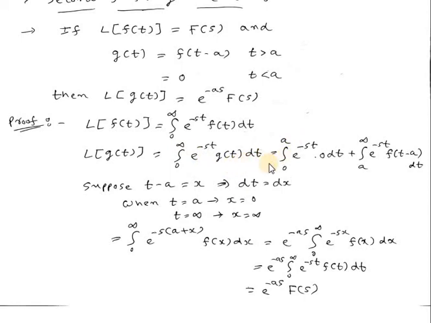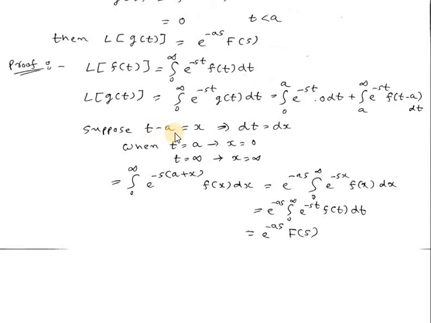This can be written as integration 0 to a e raised to minus st into 0 dt plus integration a to infinite e raised to minus st into f of t minus a dt. Here g of t is 0 for t less than a, therefore for this limit it is 0. And g of t is f of t minus a for t greater than a, therefore for a to infinite it will be f of t minus a.